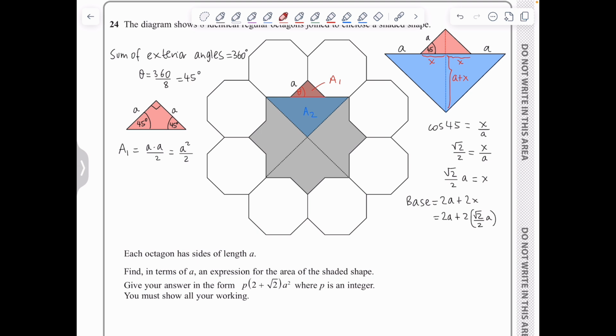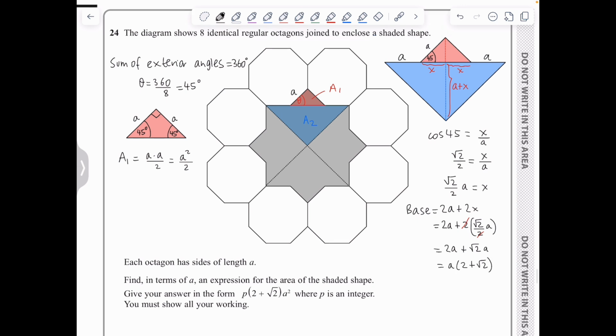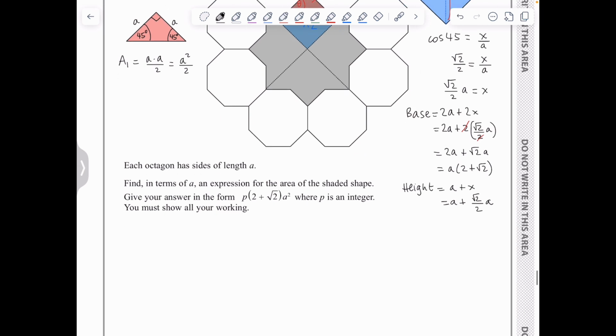Now the 2 with the 2 will cancel out, so we get an answer of 2a plus root 2 a. I will factor out the a, so we're looking at a brackets 2 plus root 2. I will proceed with the height, which we said is a plus x. So this is a plus root 2 over 2 a. I will factor out the a, leading to a brackets 1 plus root 2 over 2.